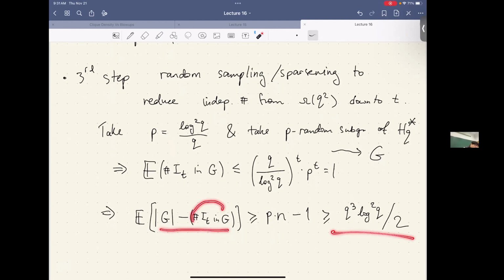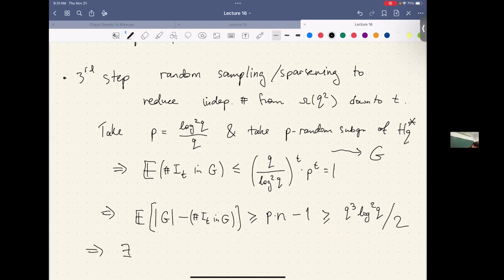So we can remove a vertex from every independent set of size T from G, and you obtain a graph which has no independent set of size T on this many vertices.